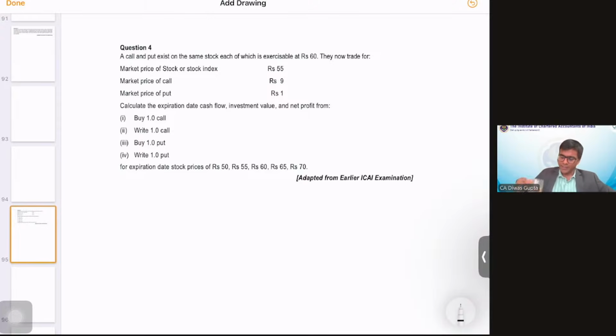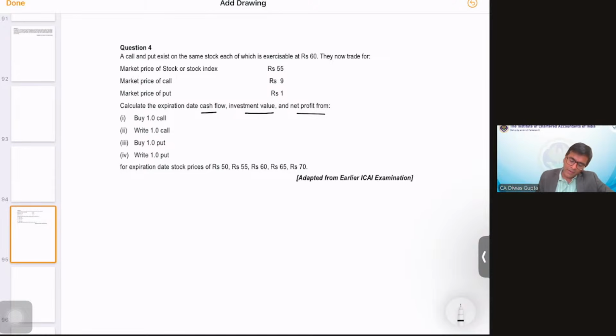That's the current market price. The market price of call is 9 rupees. The market price of put is 1 rupee. Calculate the expiration date cash flow, investment value, and net profit. They're asking us to calculate three things, right? What is the cash flow? What is the net profit? And what is the investment value?